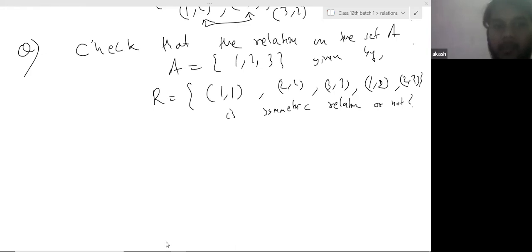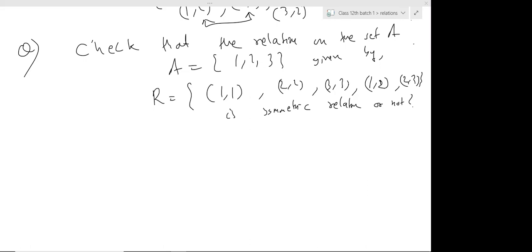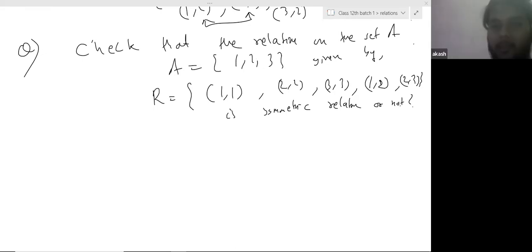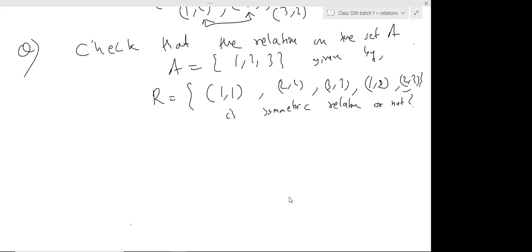Shikhani, is this a symmetric relation or not? Sir, it's not, sir. So everyone is clear about this because we don't have (2,1), (3,2), right? So this is not symmetric. No doubts there.